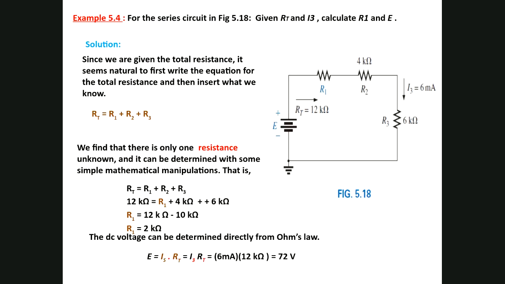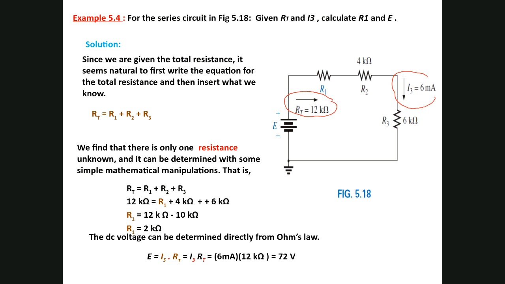Now, in this example here, the total resistance is given. I have also the current I3. Then I need to find the unknowns, the supply and R1.